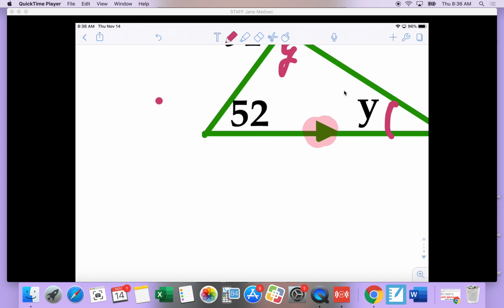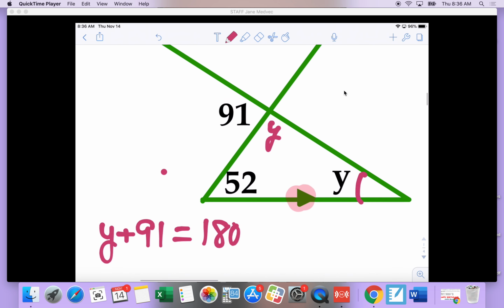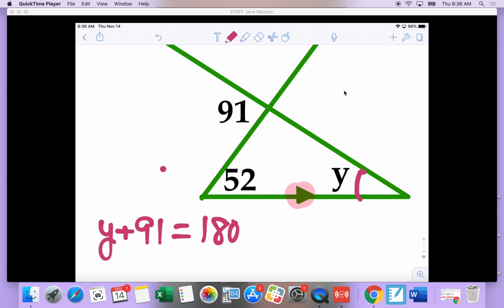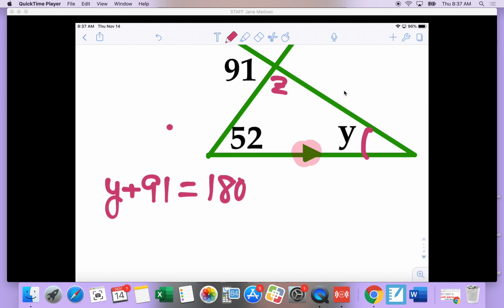So I'm going to show that: y plus 91 equals 180. Oops, I can't use y because I already have a y. Let's do z. So z plus 91 equals 180, and z gives me 89 degrees. So this right here is 89 degrees.